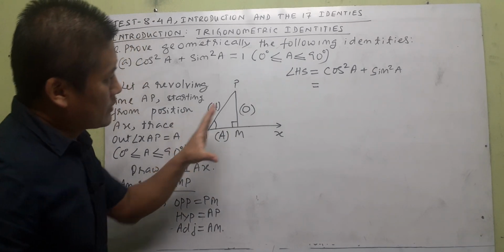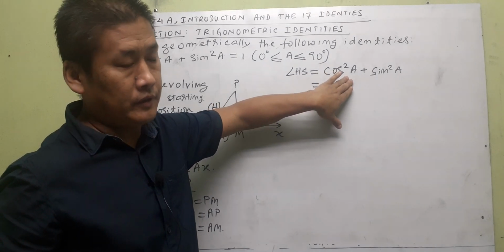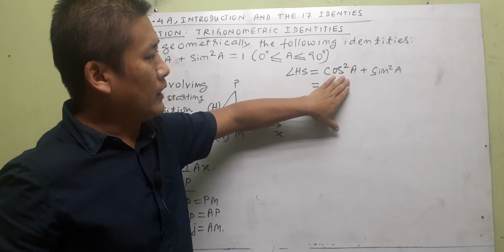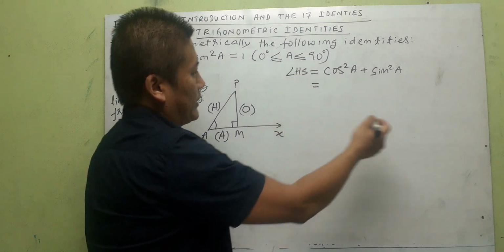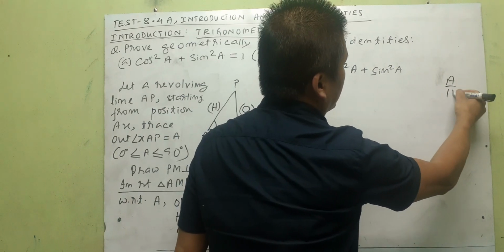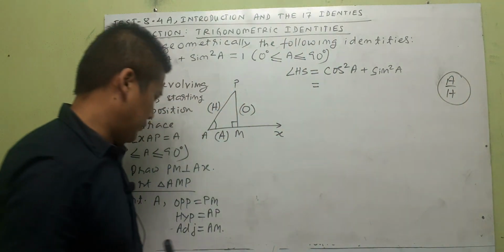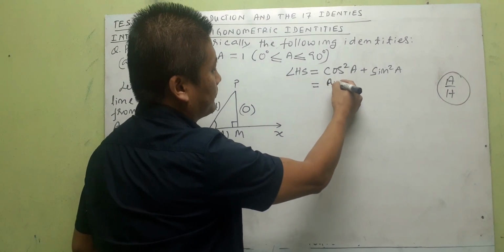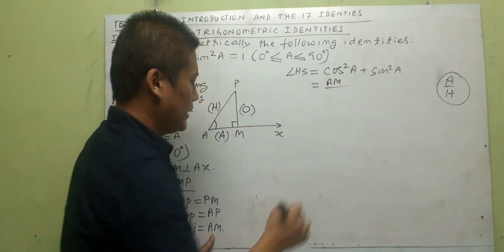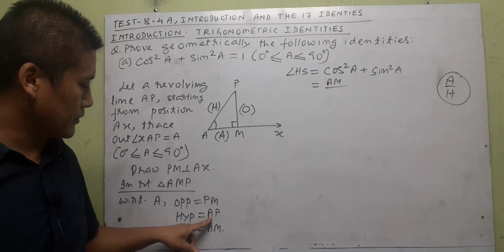So in our first chapter in trigonometry, we learn the ratio cos A is what? That's right, adjacent by hypotenuse. That's correct. Now here, which one is the adjacent? Yes, that's right, AM. So divided by hypotenuse.